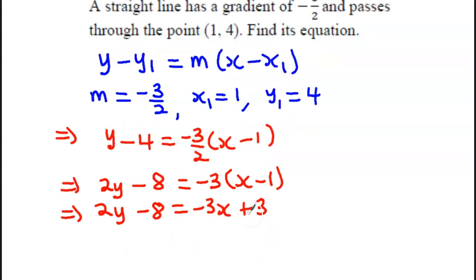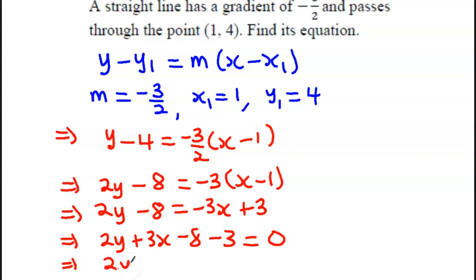We can then rearrange, bringing all of them to the left hand side. So 2y plus 3x minus 8 minus 3 is equal to 0, so we have 2y plus 3x minus 11 is equal to 0. So that is the equation of the line.